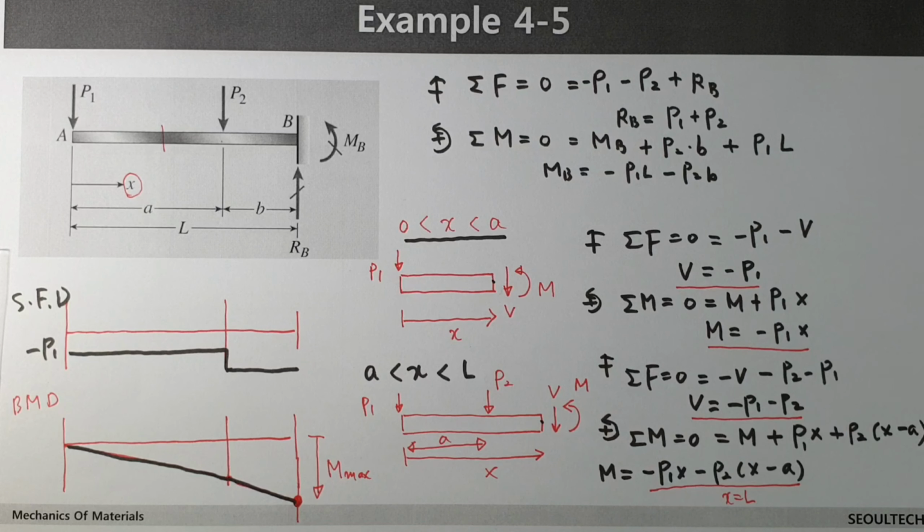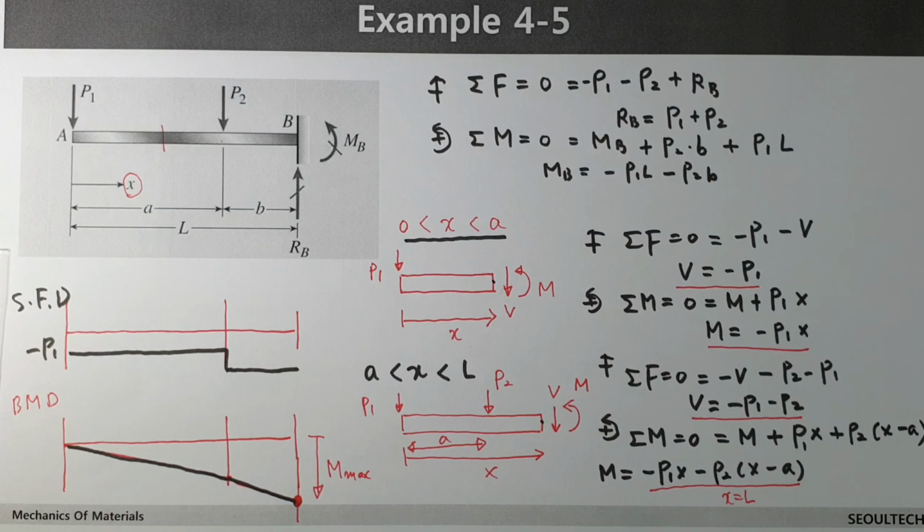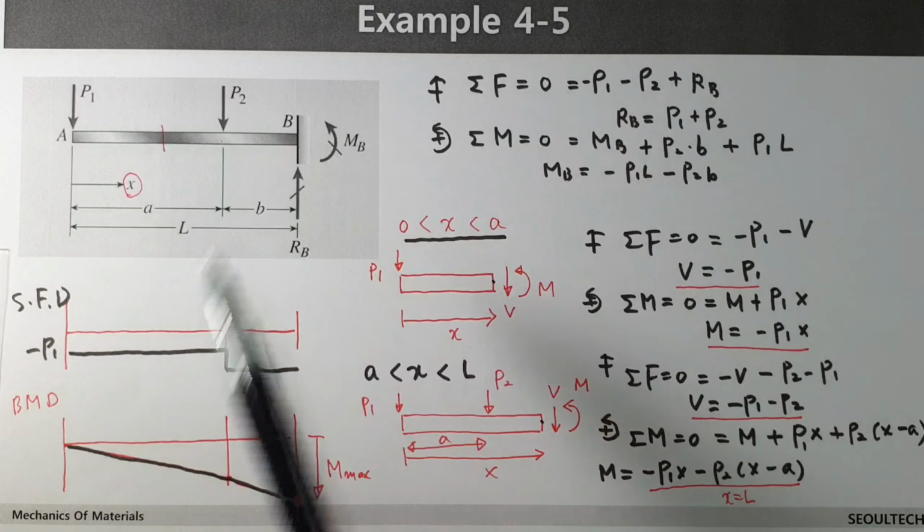Mathematically, it's also possible: when you take the integral once and twice, then you can have the shear force diagram and bending moment diagram. Okay, that's for finding the shear force diagram and bending moment diagram in this case.